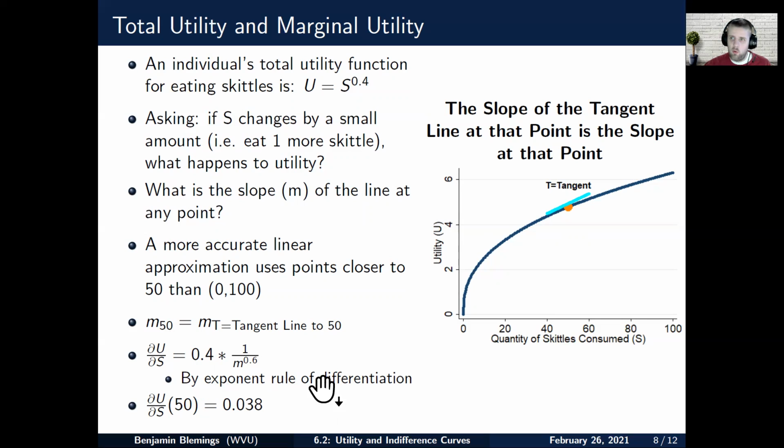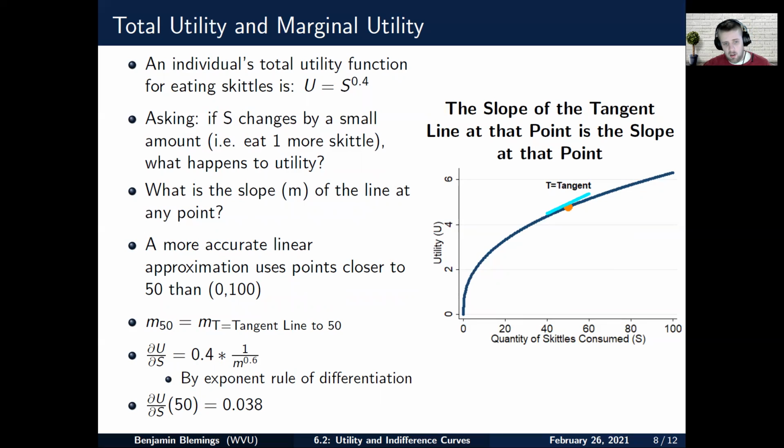This is the exponent rule of differentiation that I hope to cover in my calculus slides. I also have some resources on the next slide to help you find the rules of taking derivatives in calculus. And so all we have to do to find our marginal utility of the 50th Skittle is plug 50 in for s, and that would be the slope at 50.